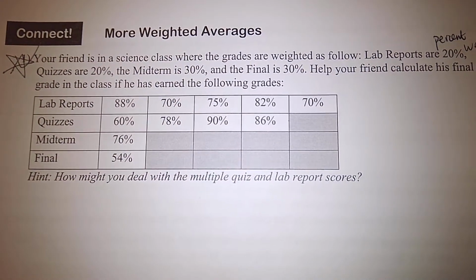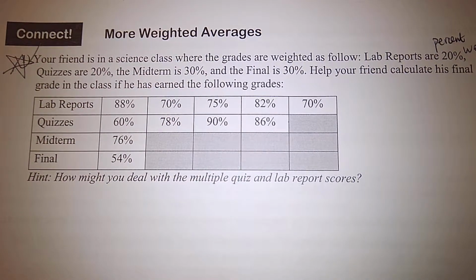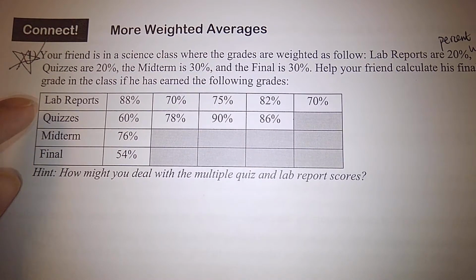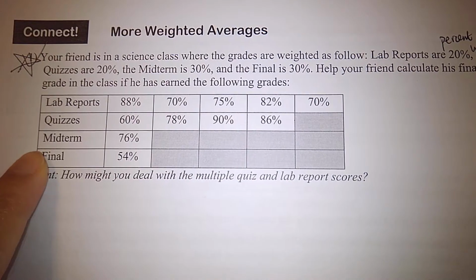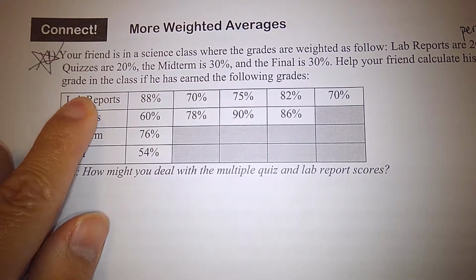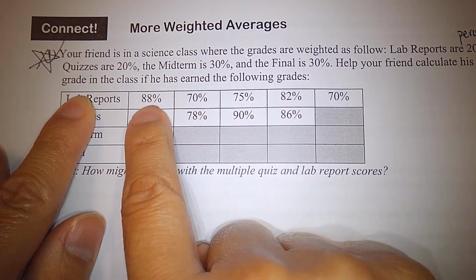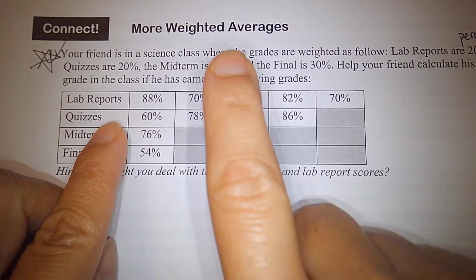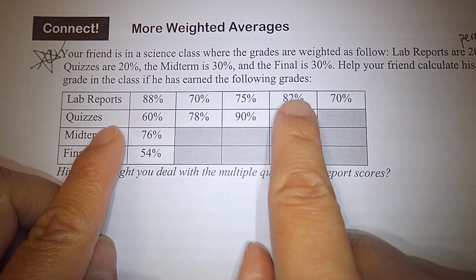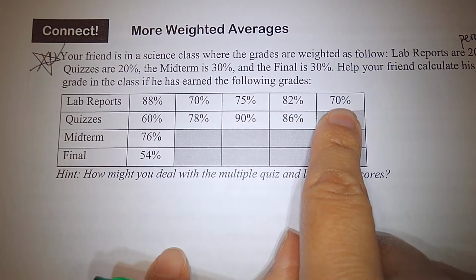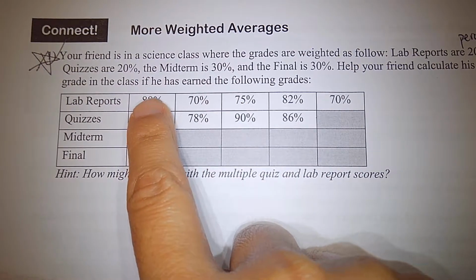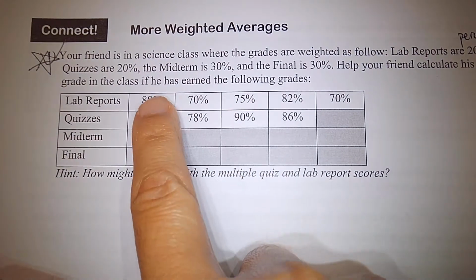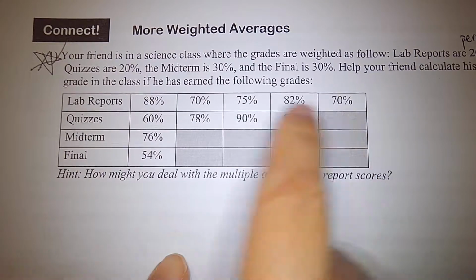Now, what are our values in the problem? We have four categories of assignments. For the midterm and final, we have a single value. For lab reports, we have a list of given values. What do we do with these multiple values?